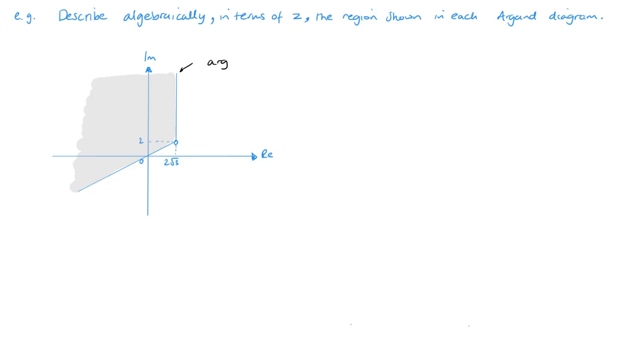So that is arg(z minus (2 root 3 plus 2i)), and this is going to be equal to pi by 2. And then this one, arg(z minus (2 root 3 plus 2i)), is going to be equal to something I need to work out.